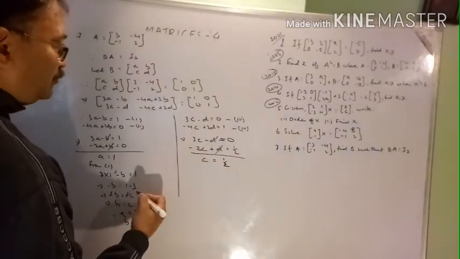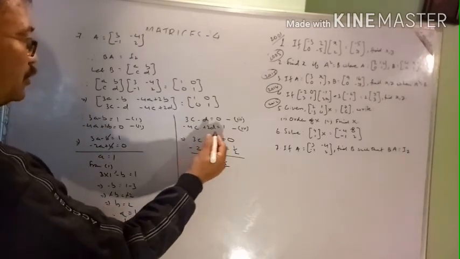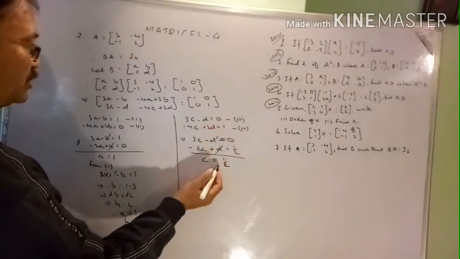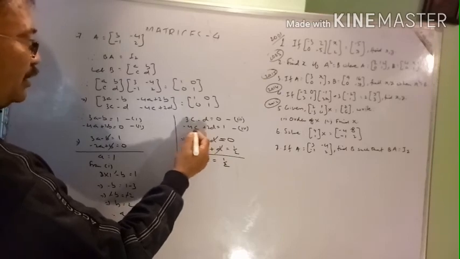So if you put the value in equation 4, because C is half, so you can put the value here in equation 4.